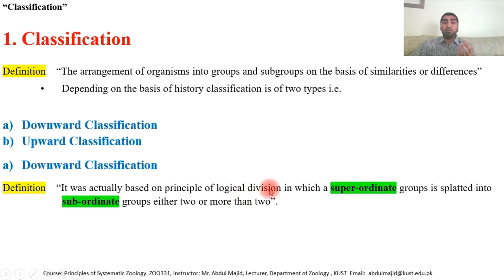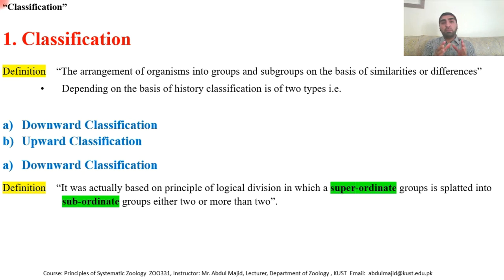It is a type of classification in which a group is split into subordinate groups, either two or more than two. There is a large group which has too many organisms, too many plants, or too many animals. We split the huge group into smaller groups.